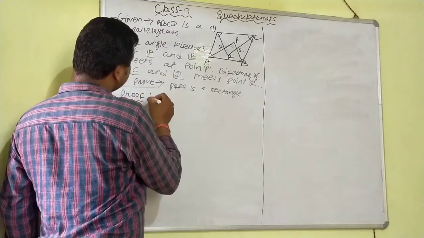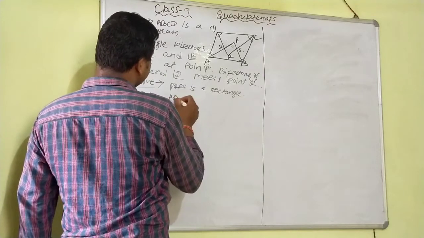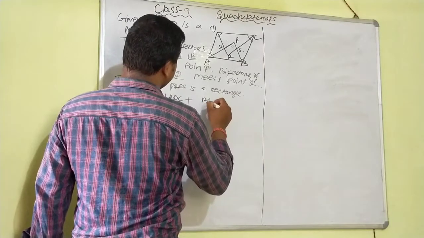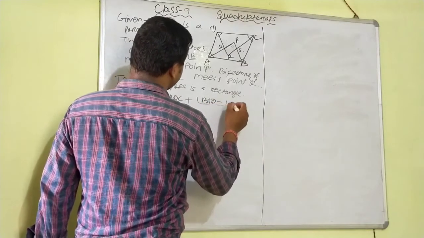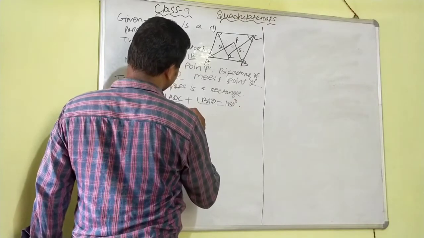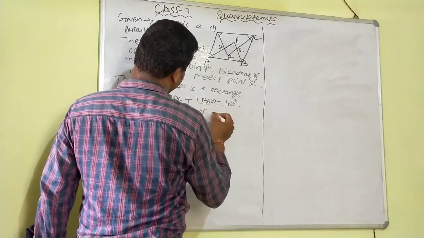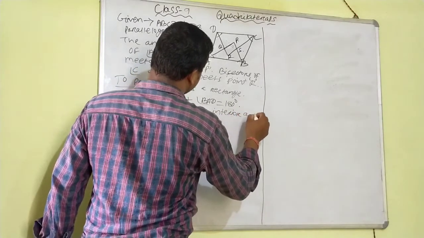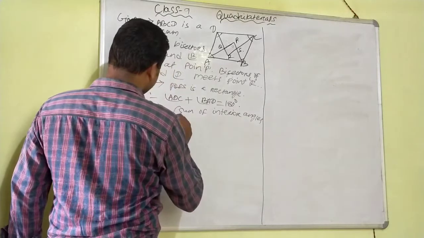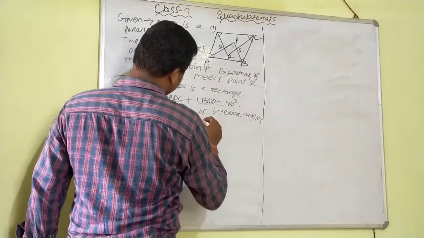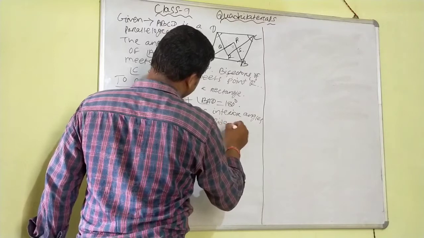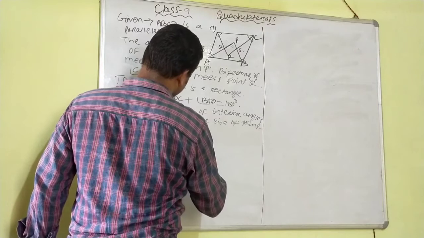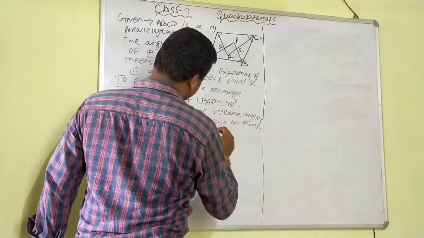Write: angle ADC plus angle BAD equals 180 degrees, as the sum of interior angles on the same side of the transversal is supplementary.